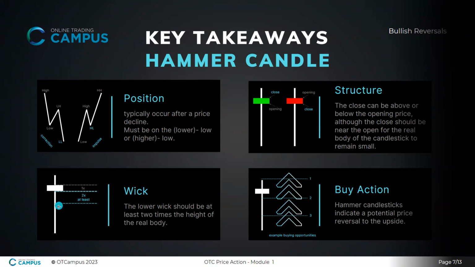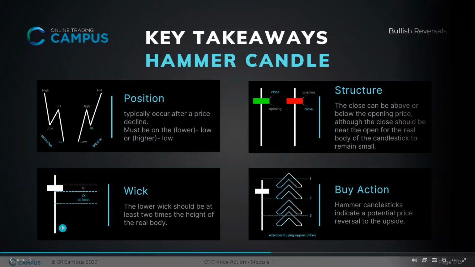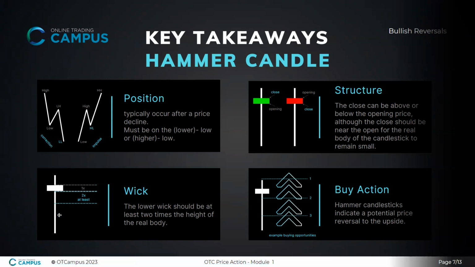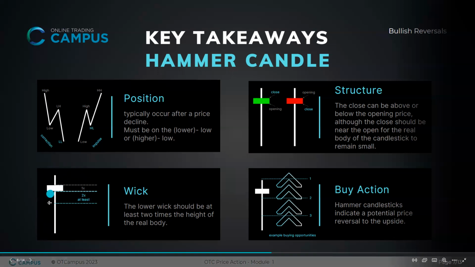Here it is more like, I don't know, 5 or 6 times the body. It's fine, but it's not better. If we have a long lower wick, it's not better than only a 2 times wick. End of the day, we need a clear hammer candle. It should be like this, right? Like a real hammer.